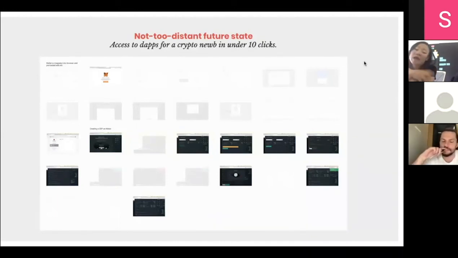Being able to access a DeFi dApp in under 10 clicks, I think that if we can do that, that is a future that I'm excited to build, and that just gives access to so many more people. It makes it so much easier to access these incredible products and incredible visions that we're trying to build today.